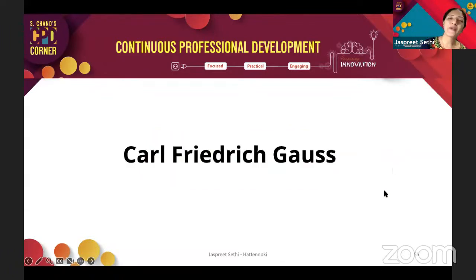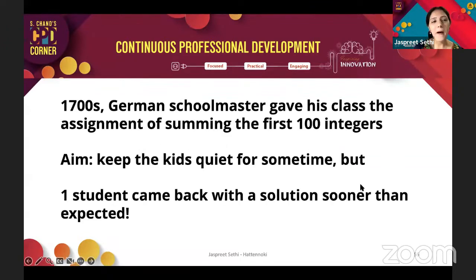So I always begin with Gauss, and this beautiful anecdote, which goes back to the 1700s. There was a German schoolmaster, and he gave his class an assignment of summing the first 100 integers.